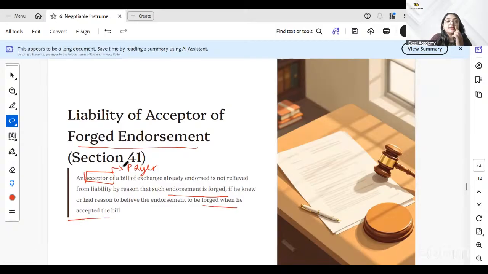Let's say, for example, C has endorsed a bill of exchange in favor of D, but you were very well aware that C's signature was forged, then you will have to be accountable for it. I hope you are clear with the different types of liabilities in the case of checks and bills of exchange.